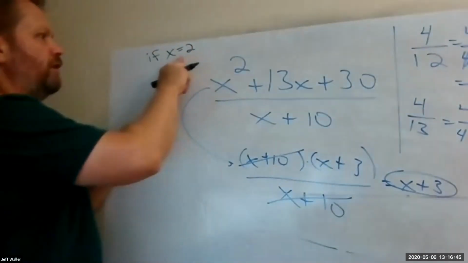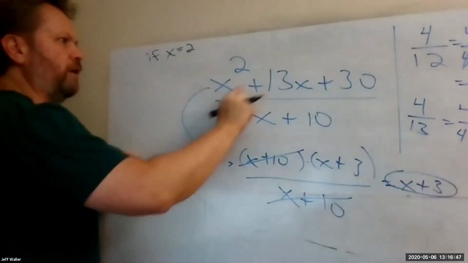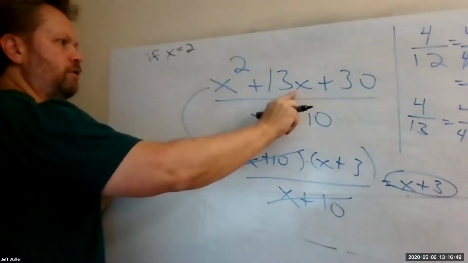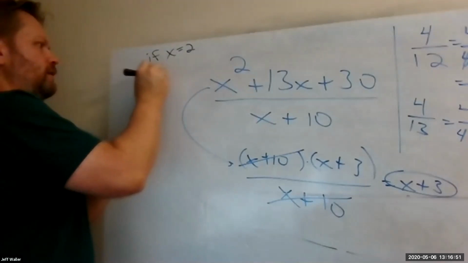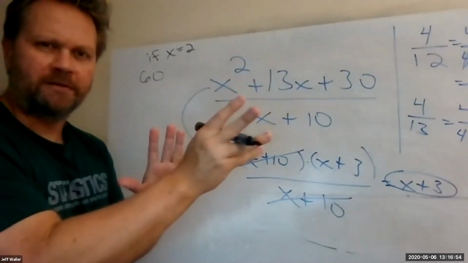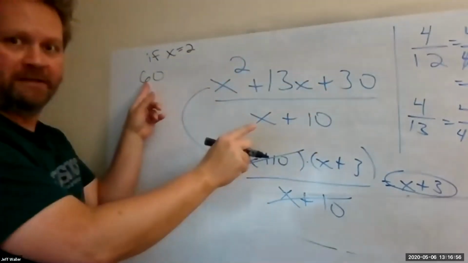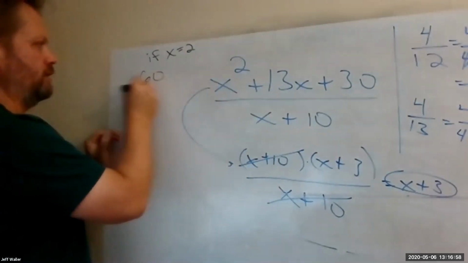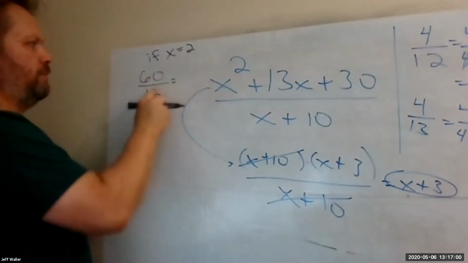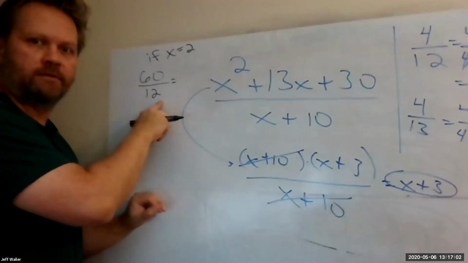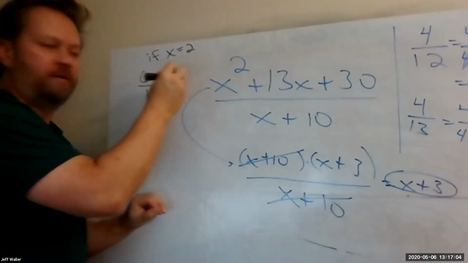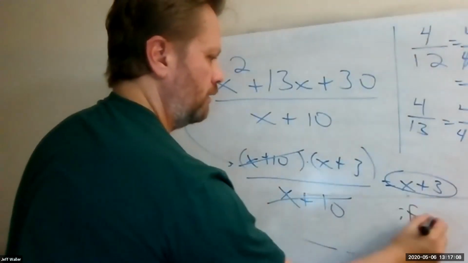So what is happening over there? Okay. So if x is 2, this is 4 plus 26 is 30 plus 30 is 60. Is that decent? Right, if you put a 2 in, you get 60. And if I put a 2 on the bottom, I get 2 plus 10 is 12. Anybody know what 60 divided by 12 is? Yes, 5. Now, if x is 2, what do I get over here?